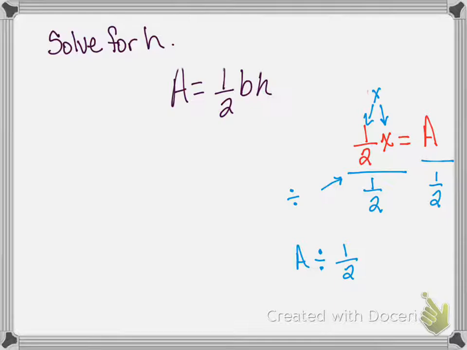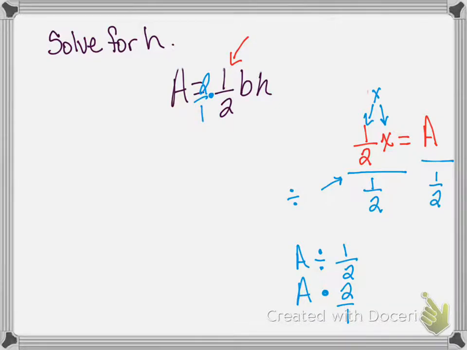Instead of dividing by a fraction, multiply by the reciprocal. So a divided by 1/2 becomes a times 2/1. In order to get rid of this 1/2, I need to multiply by its reciprocal.